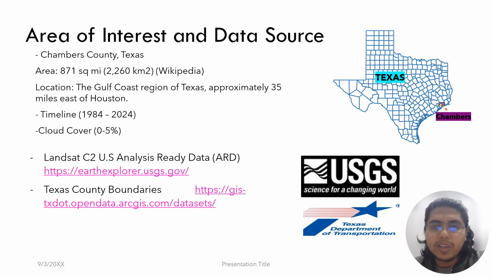We collected our Landsat data from Earth Explorer. We selected the Landsat C2 analysis ready data for our later analysis, and we also got the Texas boundary from TxDOT. When filtering the data, we considered cloud cover of 0 to 5%.